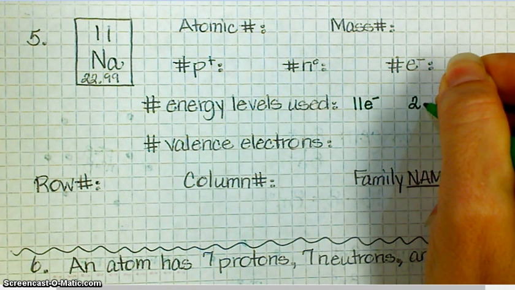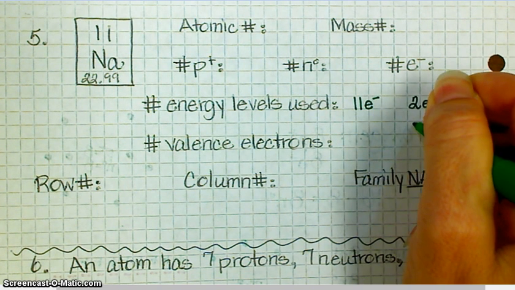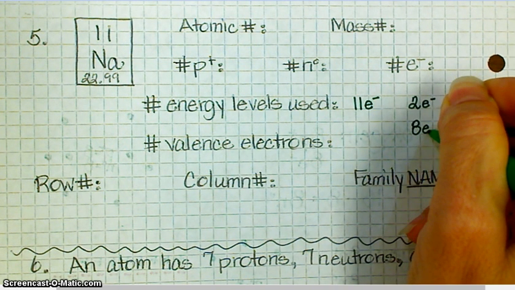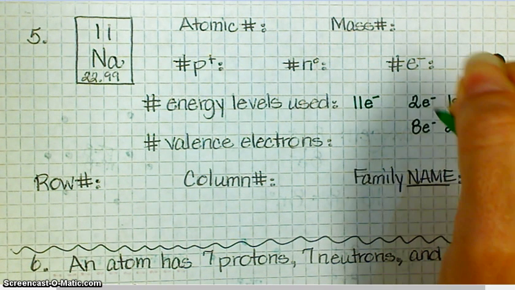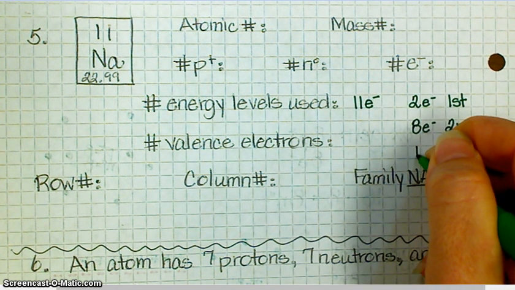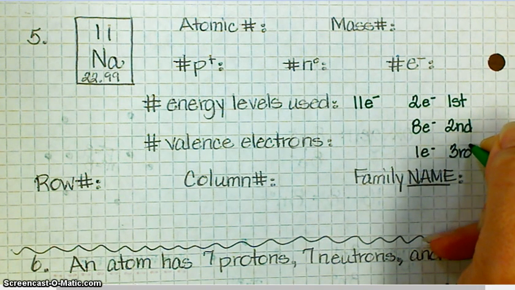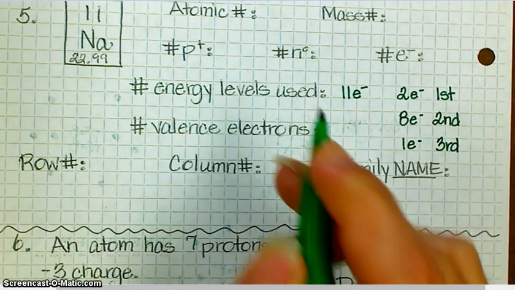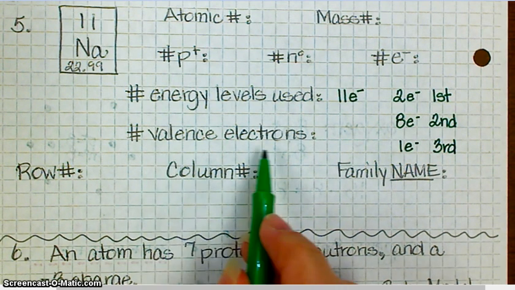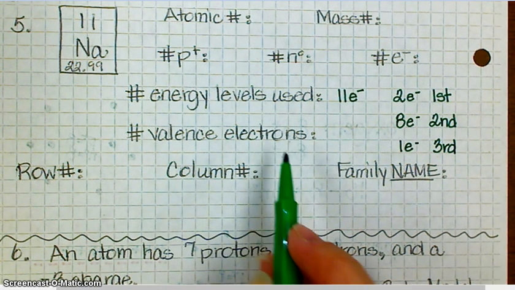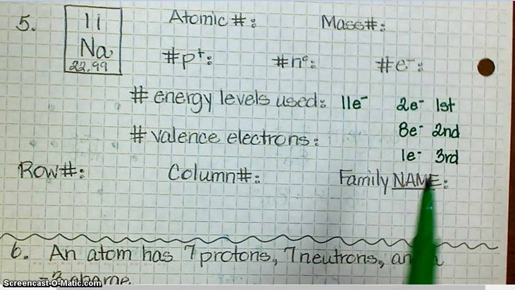You can put 2 electrons in the first energy level. You can put up to 8 electrons in the second energy level. But 2 and 8 is only 10, so I have to have 1 electron in the third energy level. So how many energy levels are used? There are 3. And then the number of valence electrons is just simply the number of electrons sitting out there in my outermost energy level, which in this case is 1.